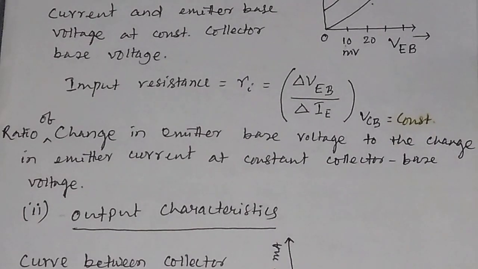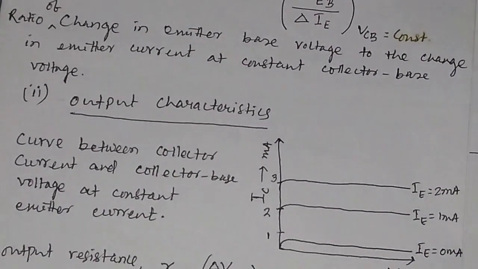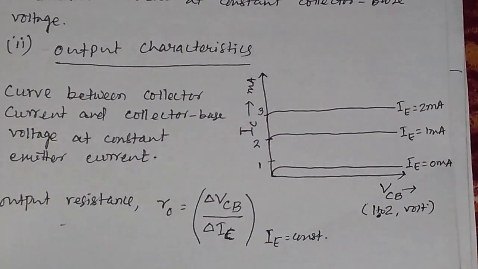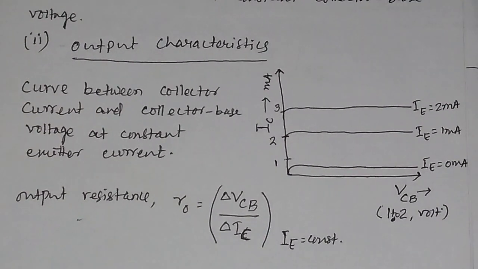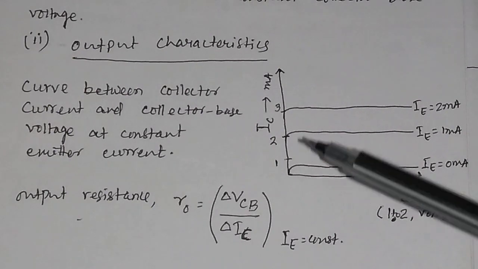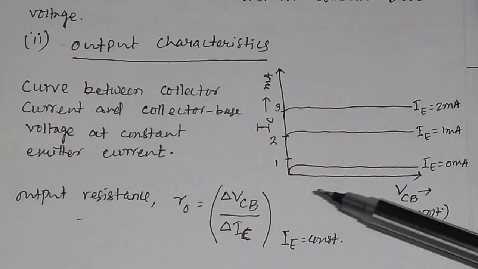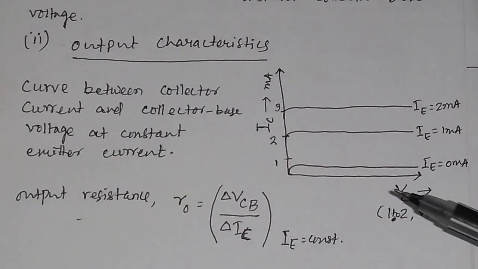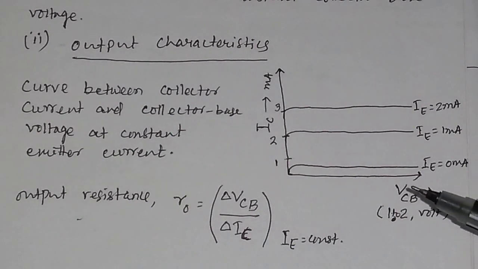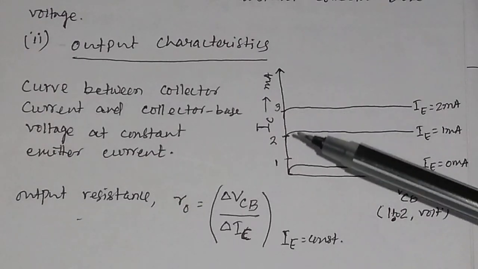Then what are the output characteristics of the transistor in common base configuration? This will be the nature of the graph for the output characteristics, and this is the curve between collector current and collector base voltage. In the output you have collector base voltage and collector current.